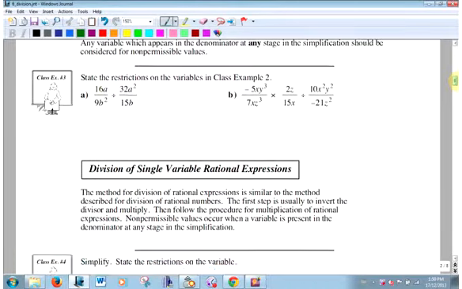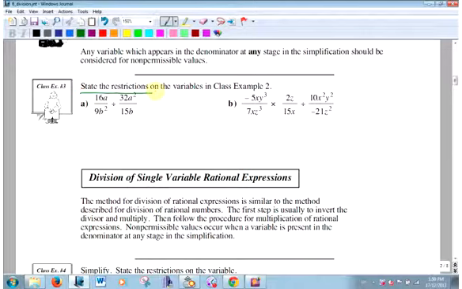All right? So read the question carefully. Does it say simplify it? No, it just says state the restrictions. So what can't be 0 here? B can't be 0. B still can't be 0. What's the other one I get from doing this, because it's divided by? A. A can't be 0 also.